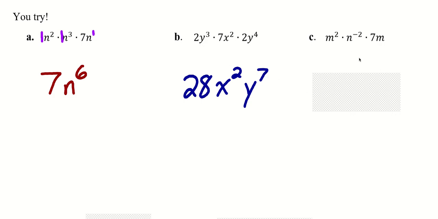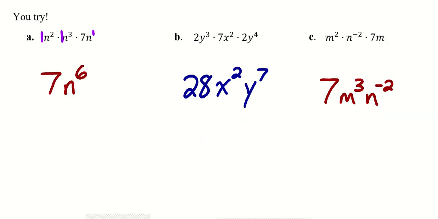Those add there. Here, same thing, wow, very similar actually. The 7, and then m, any other m's? Yep. So remember, what's m squared times m? M to the third, because of the 1. And then n to the negative 2. Okay?